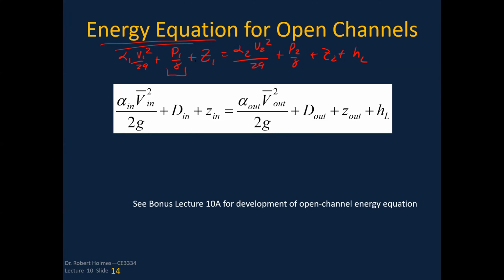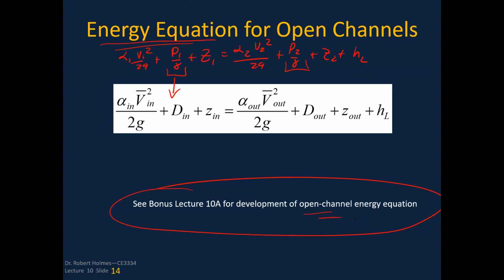Now, notice the difference here. Everything is the same except for this pressure term. As I defined earlier, we don't have a pressurized flow here. We've got a flow that's vented to the atmosphere. There is a discussion in a bonus lecture, which I called 10A in module 10. It's not the same thing as this 10A. It's just a development of the energy equation for open channels from the second law of thermodynamics.